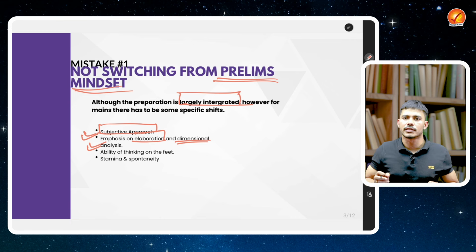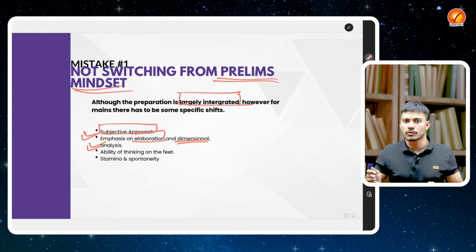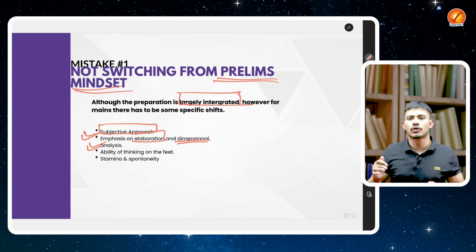For example, in this topic itself: what has been the evolution of Indian federalism, what are the current issues our federal system is facing, what could be done to improve upon it, what are the different recommendations, etc. So there is a 360-degree analysis from a subjective point of view which is required in the mains preparation.